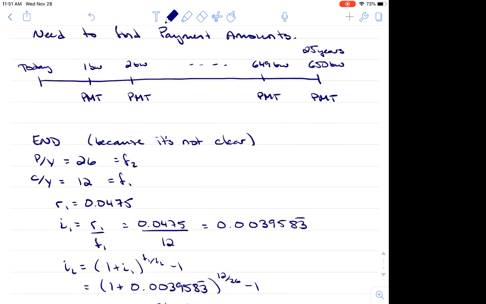We need to know what payment amount is going to pay off some present value of $208,000, because we were told the down payment amount, right? Usually I'll tell you, oh, he makes a 10% down payment, and then you have to figure out what that is and subtract it from the overall amount.